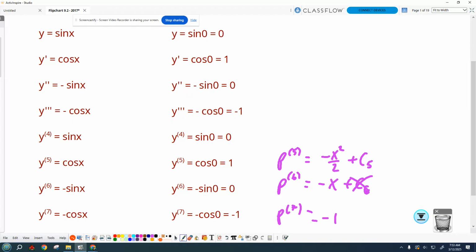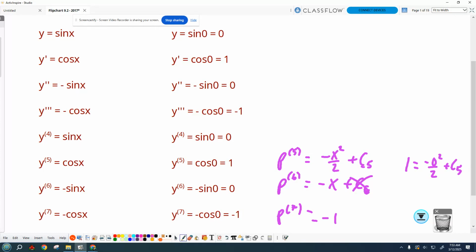What is my c value going to become? When I plug in 0, I want this to come out to be 1. What does c sub 5 have to be? Well, let's see. I want this 1 to equal negative 0 squared over 2 plus c.